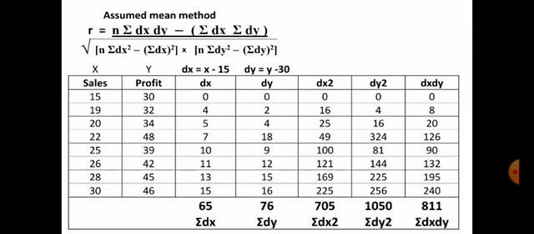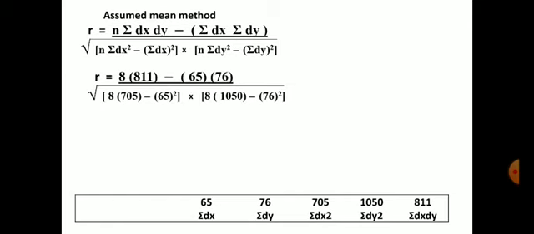Be careful whenever you're substituting, right? If you substitute, this is how we are going to substitute. These are the values for your reference. I have put it here. If you go for the calculation part, everything is calculator work. First of all, we have to multiply 8 with 811, minus 65 into 76.